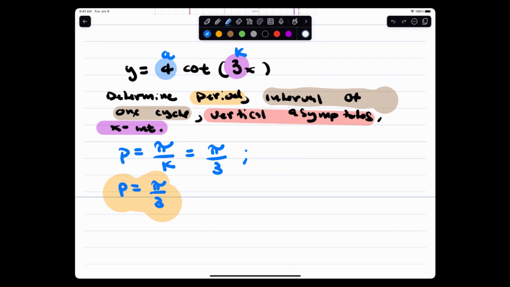Now, this is new. This is different. Okay. What's your interval of one cycle? Start at 0, end at the period. I like doing that. Start at 0, end where? Pi over 3. You guys okay with that one?